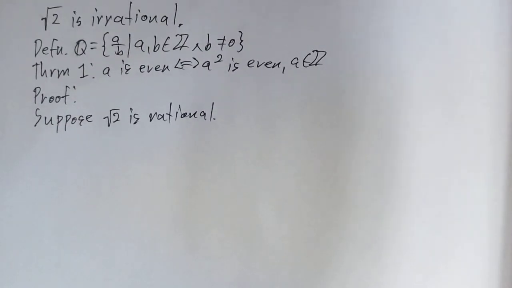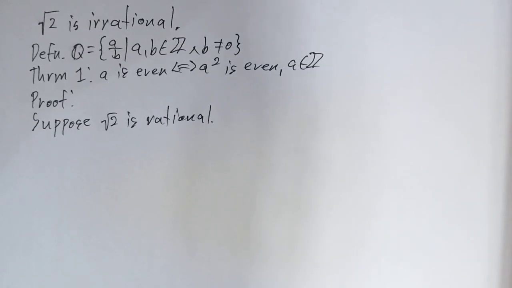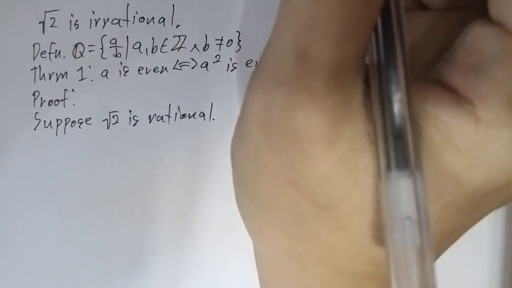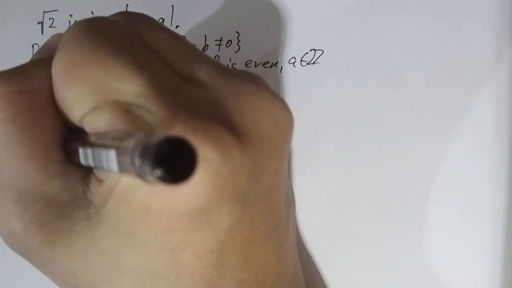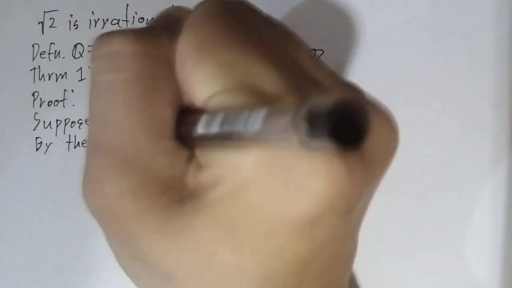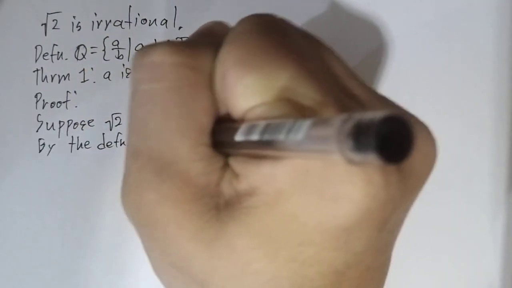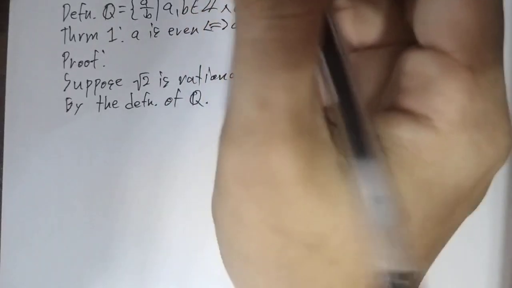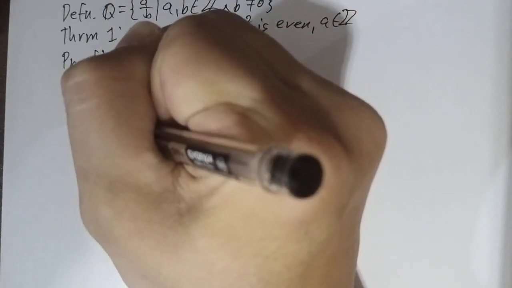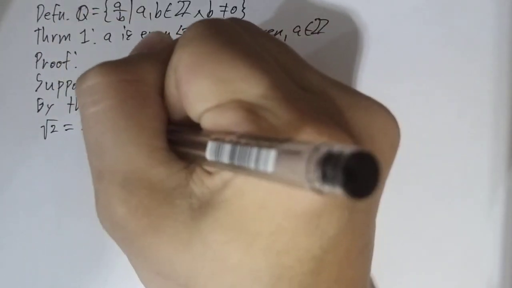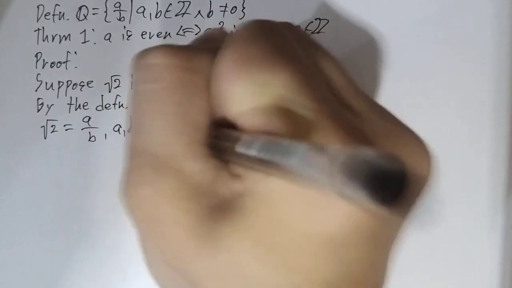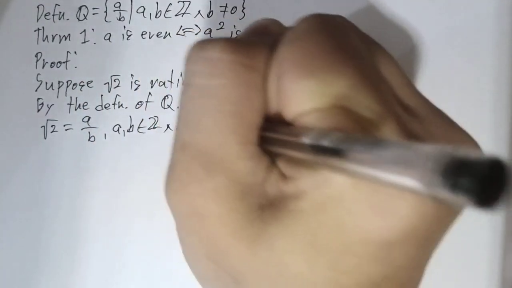Now next, by the definition of the set of rational numbers, if the square root of 2 is rational, then this means that the square root of 2 can be rewritten as a over b, in which by definition a and b are both integers and b is non-zero.